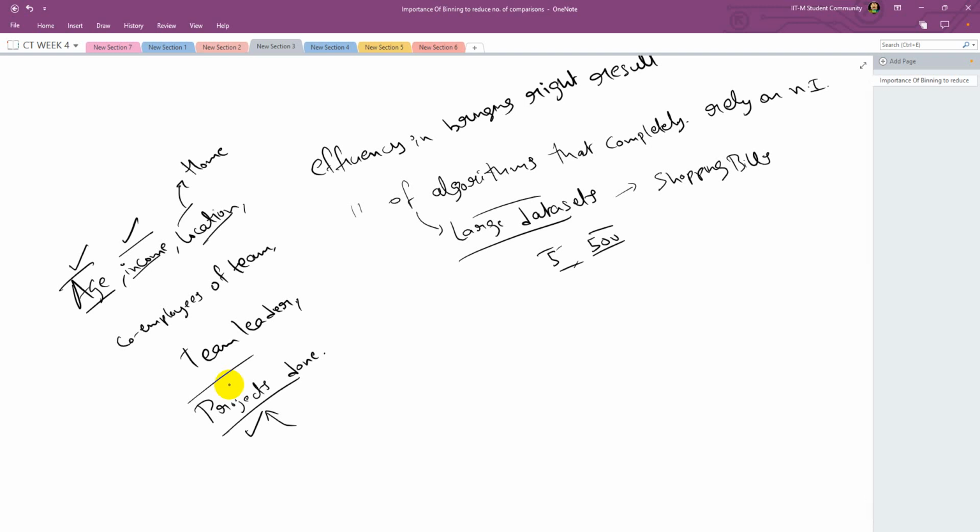The co-employees of a team are well known to the team leader, and the team leader has some 50 members in his team. So all the remaining 49 would also fall under this filter. So team leader is not chosen, and this is also not taken.